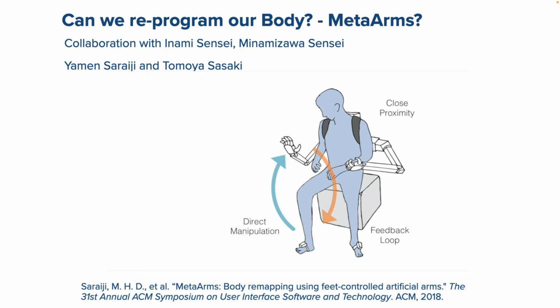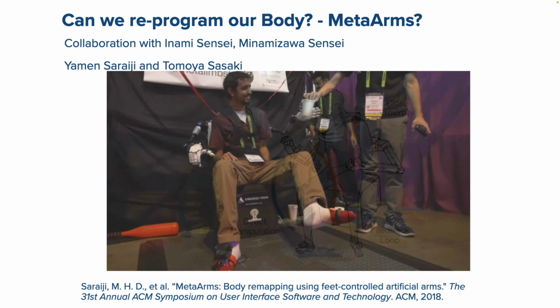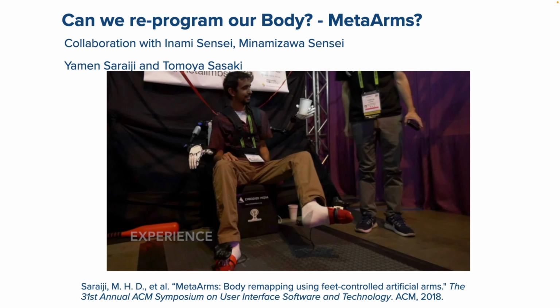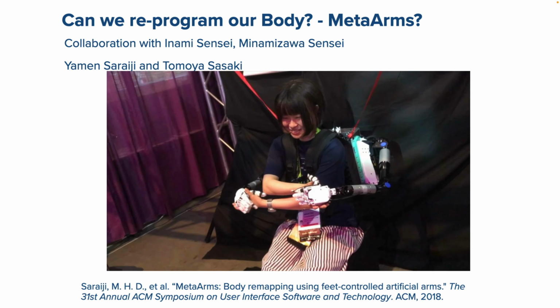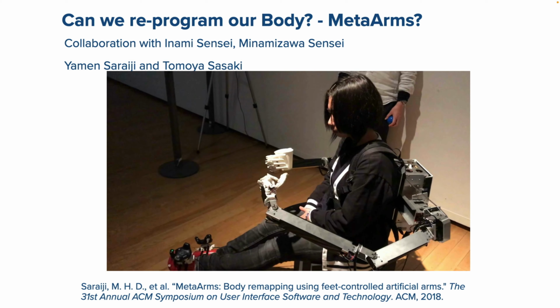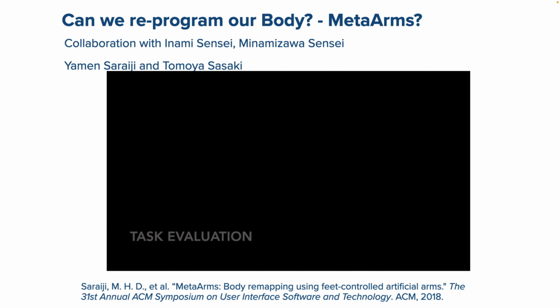So here's now a small video about the system. So you can see this is a SIGGRAPH demo, a person holding a cup, kind of giving themselves hands, and you see the foot tracking.